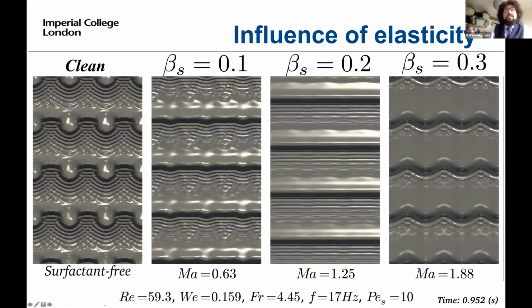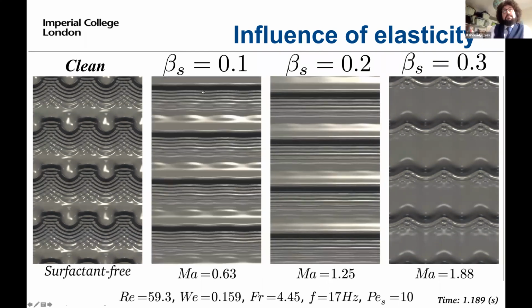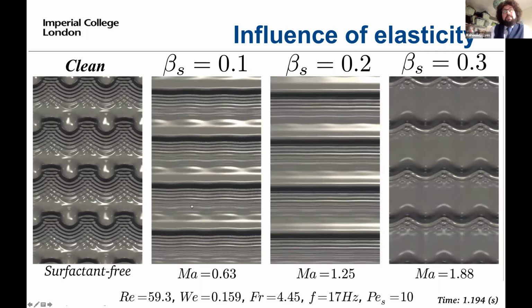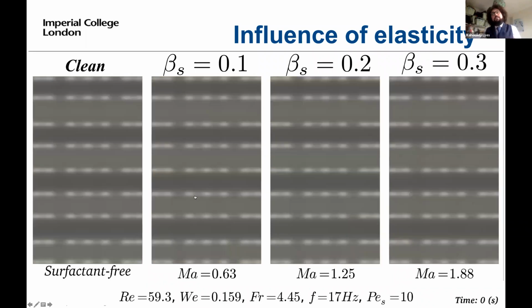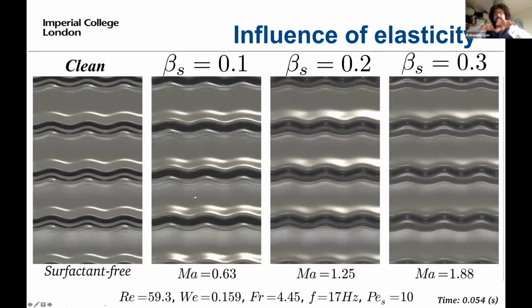But when you have an even smaller elasticity number, and this is the major result of this work, the elasticity is so weak that it takes time to kill the perturbation in the spanwise direction, and it will perform what we call a dancing wave.